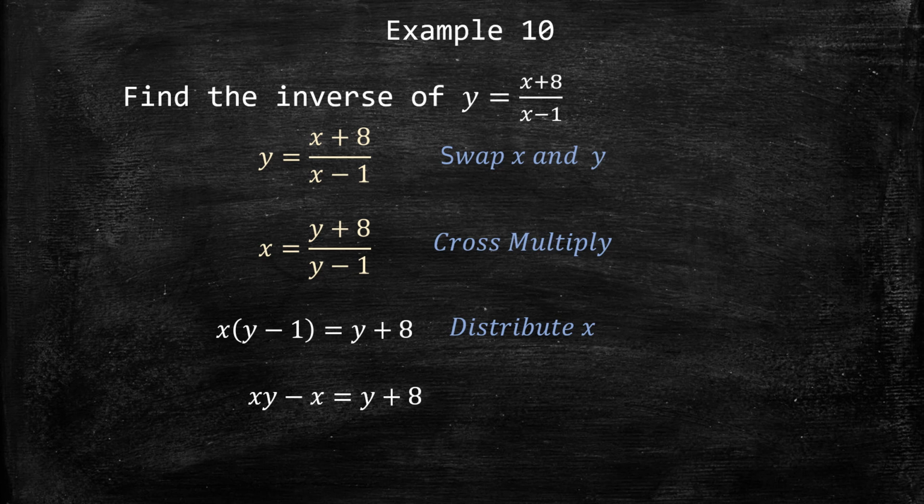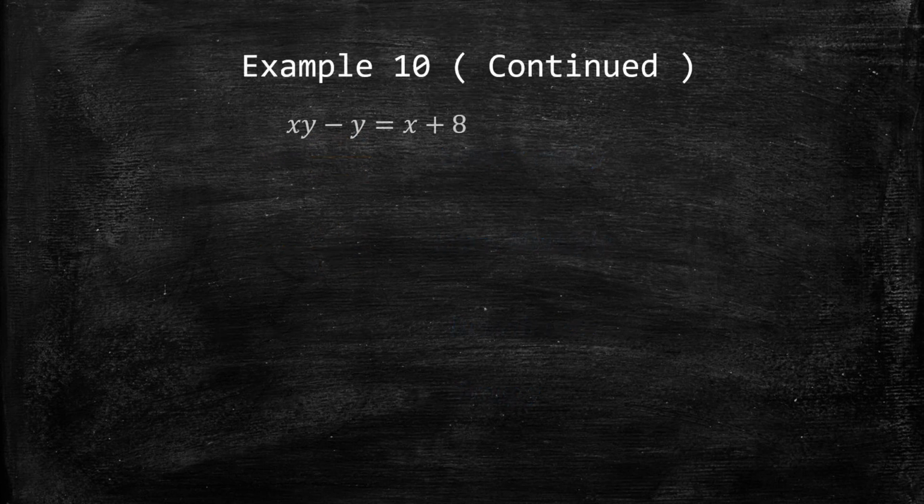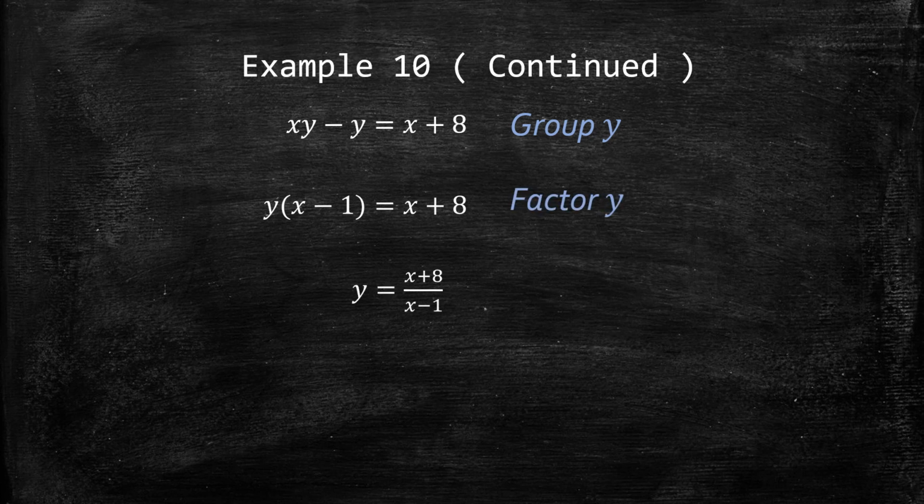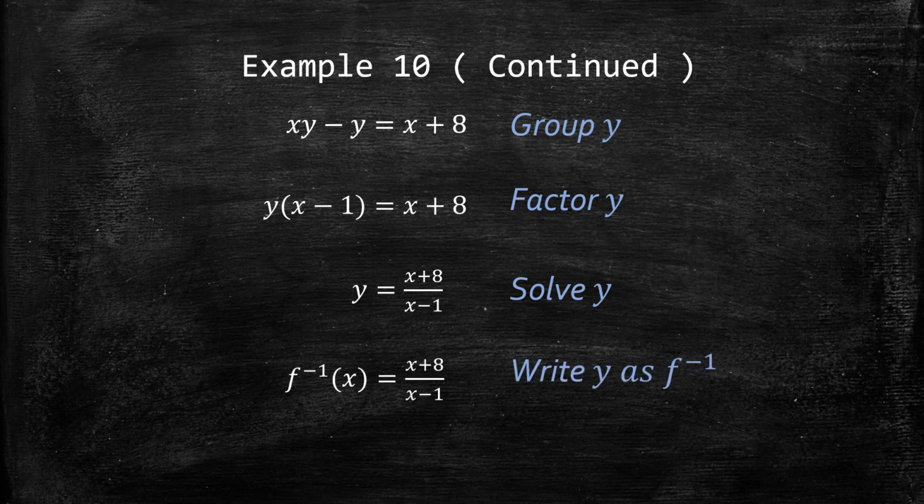Now we're going to group the y. So we're going to add x to both sides and subtract y from both sides. Now we're going to factor out y, and we're going to divide both sides by x minus 1. Now we're going to write y as f inverse.